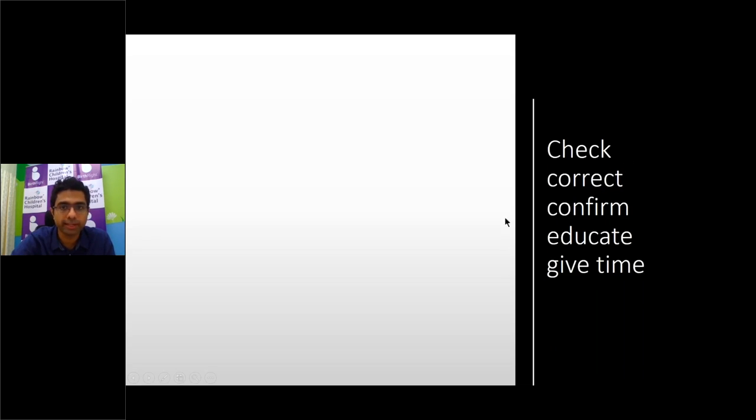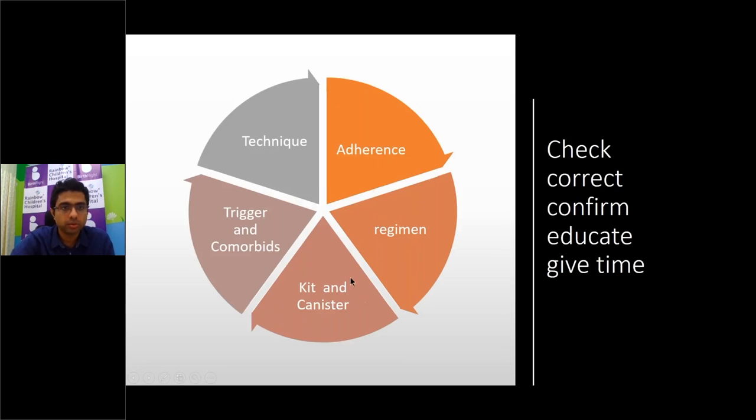So what all should be taken care of? You have to see whether the technique is right, whether they are adhering to our technique, and whether the regimen is being followed correctly. You have to check the kit and canister. Now that number coding has come, whenever the red mark comes, you have to advise them to change the canister, and the kit has to be changed once a year or whenever it is visibly damaged.